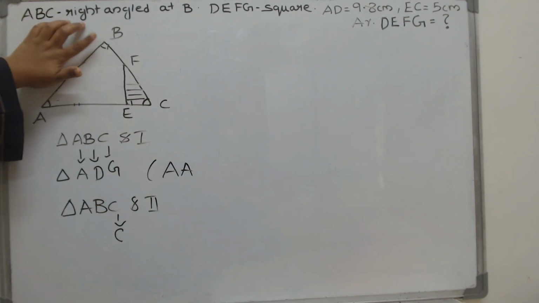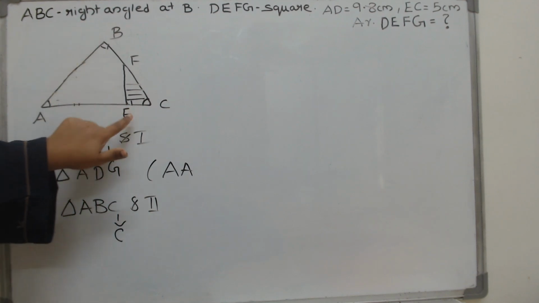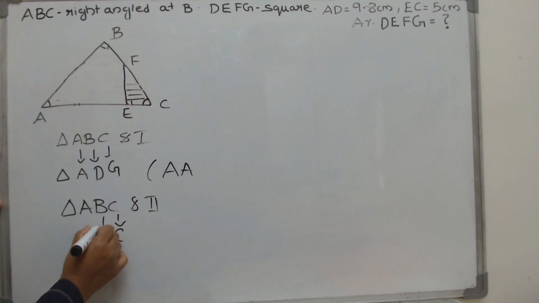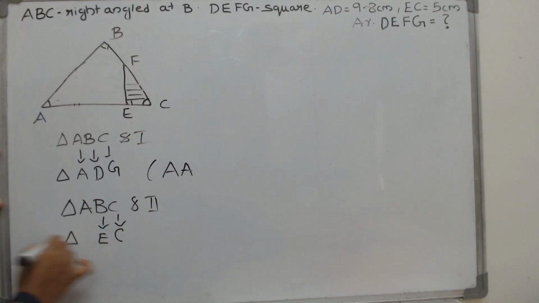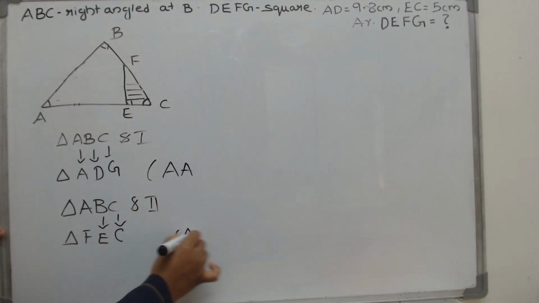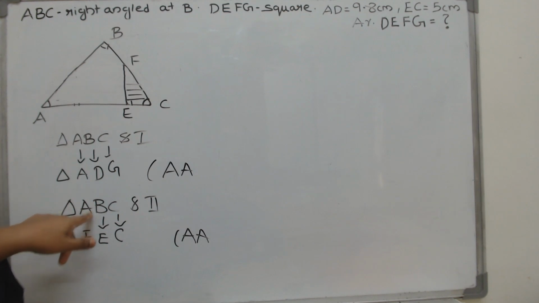A right angle, a 90 degrees at B here, a 90 degrees at E here. So that leaves the last angle here at F, and these two will also be equal to each other. Then what does that mean? Again by AA criterion, ABC and this small triangle are also similar to each other.